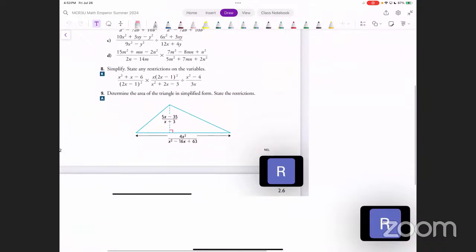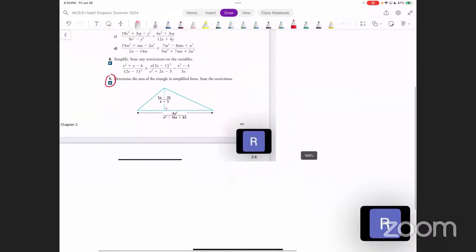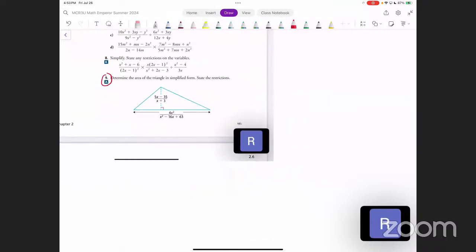Number 9. Determine the area of the triangle in simplified form. State the restrictions. The area of the triangle is base times height divided by 2.